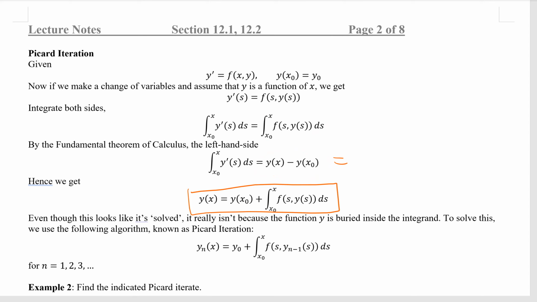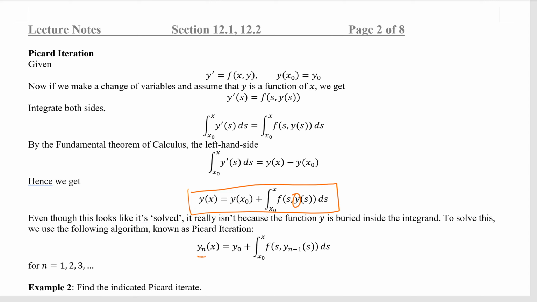See, now we have solved y as a function of x. Even though this looks like it is solved, it isn't, because the function y is buried inside the integrand. To solve this, we use the following algorithm, known as the Picard iteration.